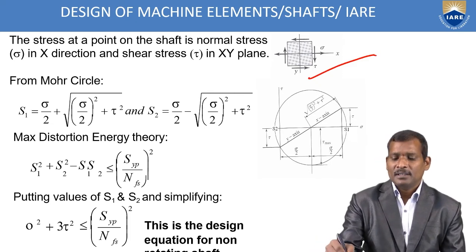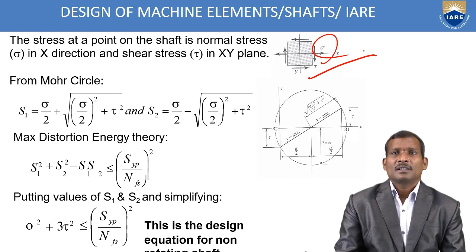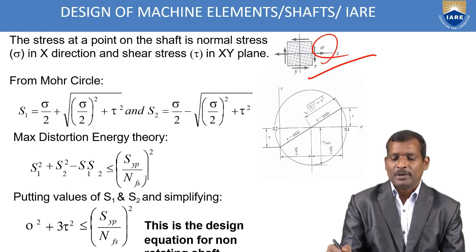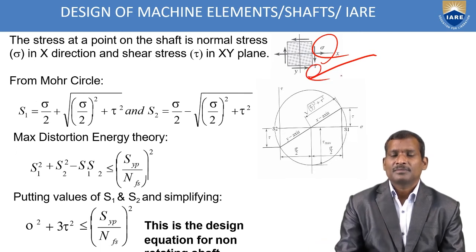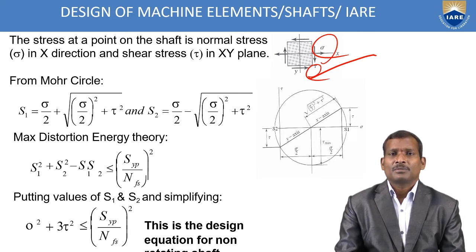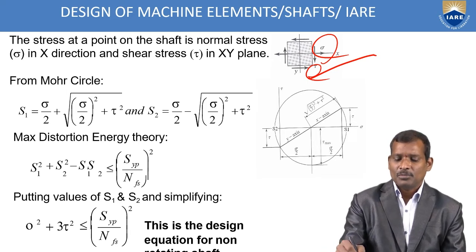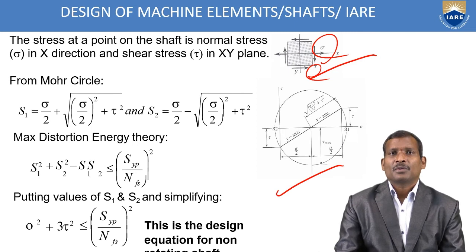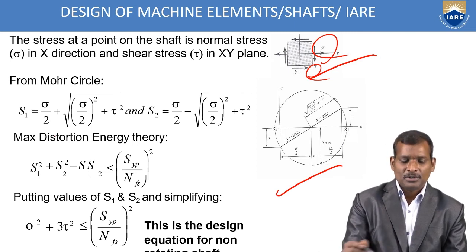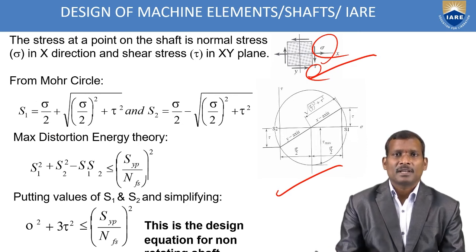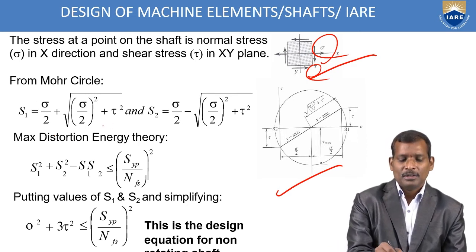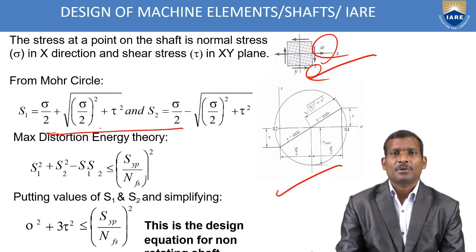From the Mohr circle, you can write S1, the principal stress, is equal to sigma by 2 plus square root of (sigma by 2) whole square plus tau square.